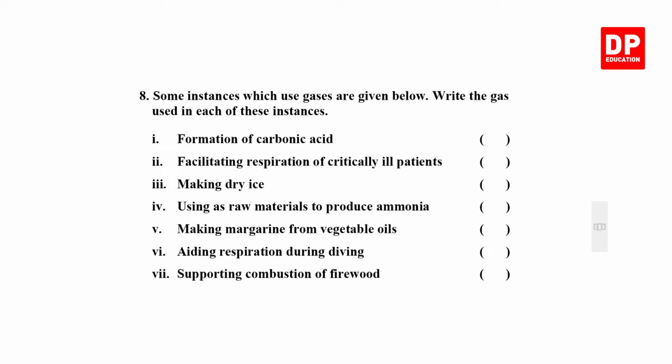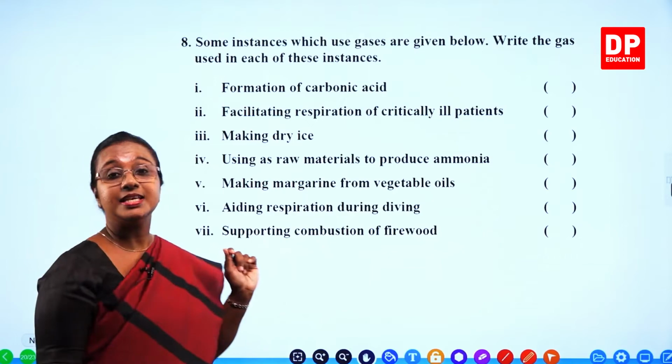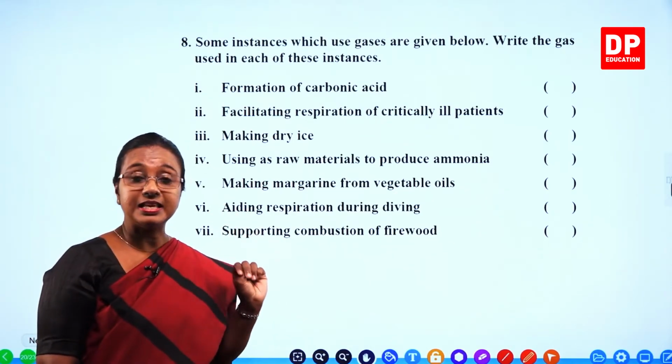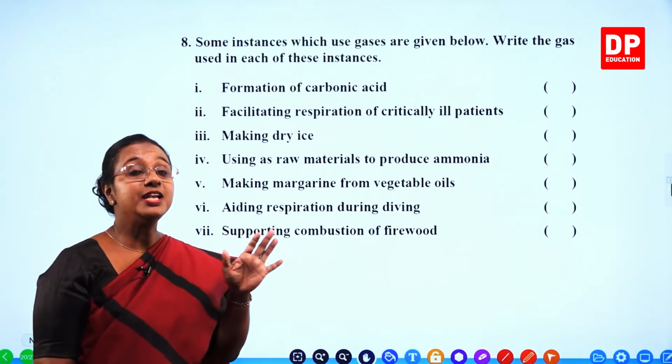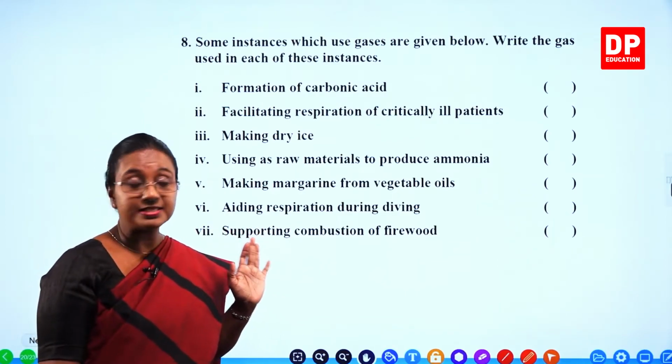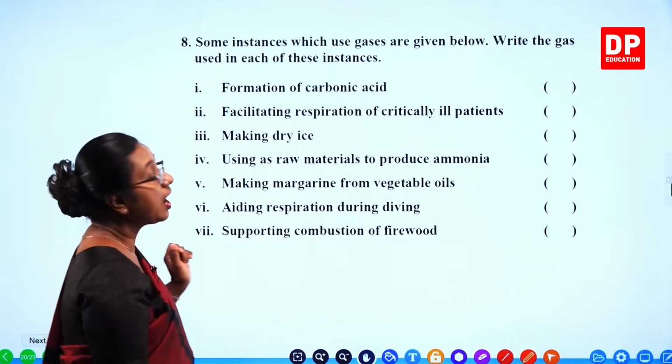Question number 8. Some instances which use gases are given below. Write the gas used in each of these instances. So we have discussed 3 gases: hydrogen, oxygen and carbon dioxide. And you all know the uses of these gases. The first one, formation of carbonic acid.